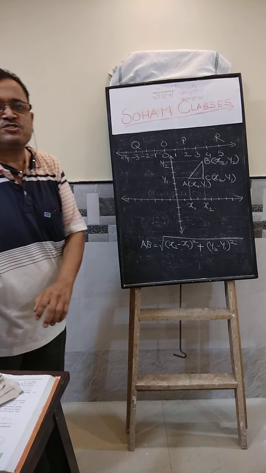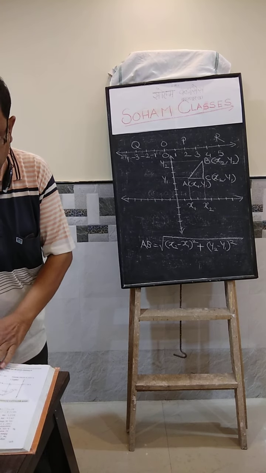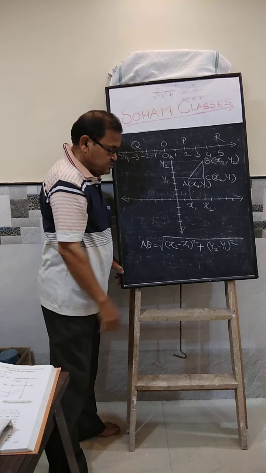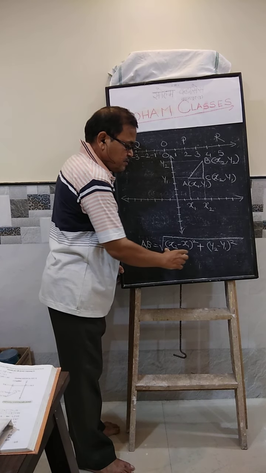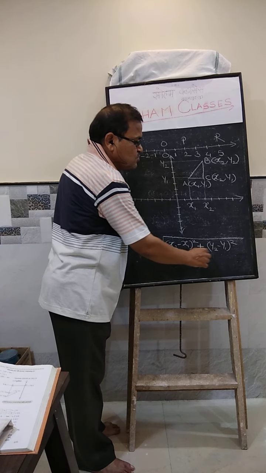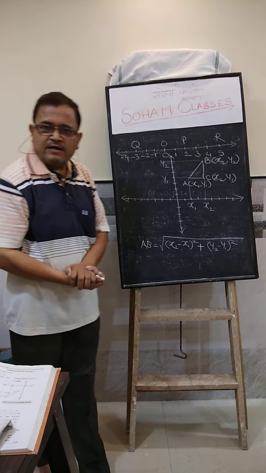This is called the distance formula and it is very important in this chapter. So the distance between AB is under root (x2 minus x1) bracket square plus (y2 minus y1) bracket square. Understand?